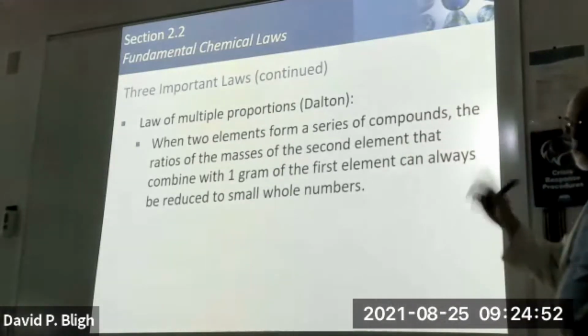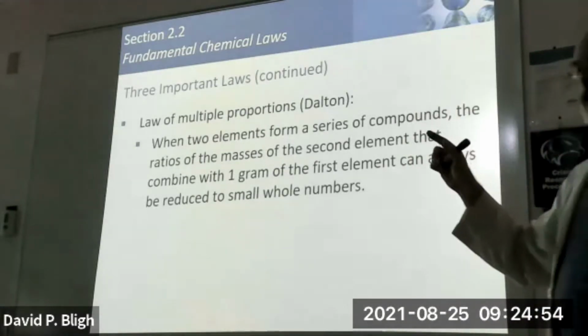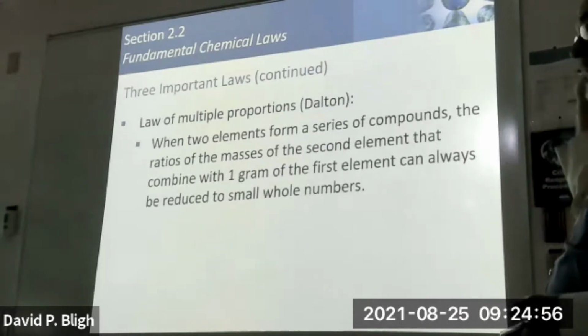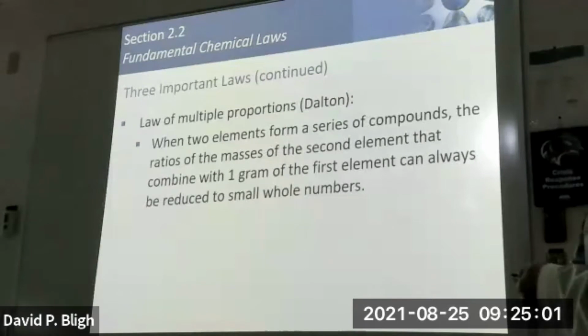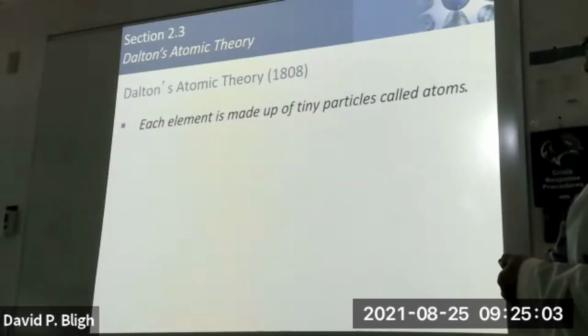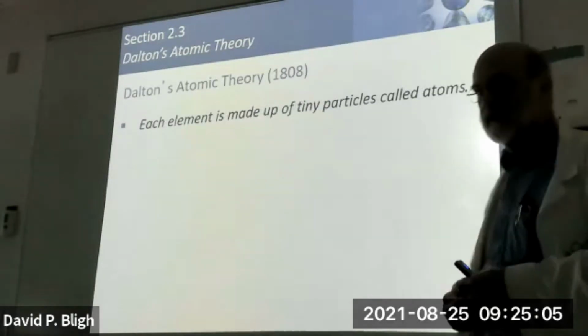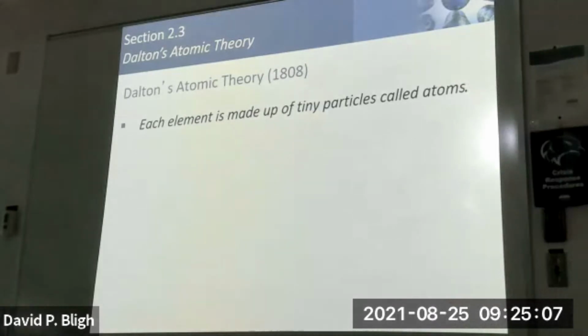In fact, Dalton was on his way to proposing a theory that would explain all 3 of those laws. And I think that's what we got coming up. Yep. Dalton's atomic theory at the dawn of the 19th century.